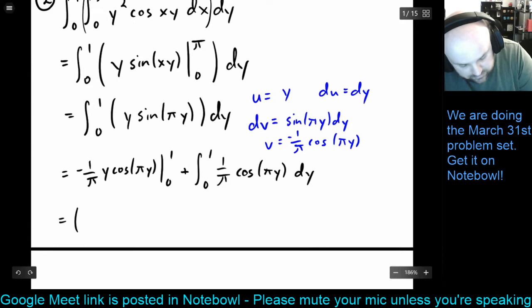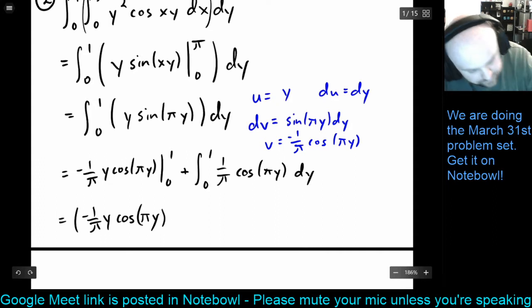All right, so when we integrate that, let's integrate this, we get another 1 over pi. It's going to be sine of pi y from 0 to 1.